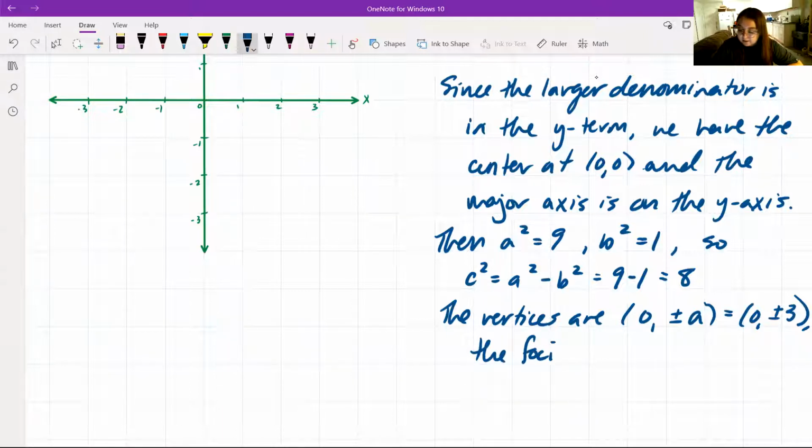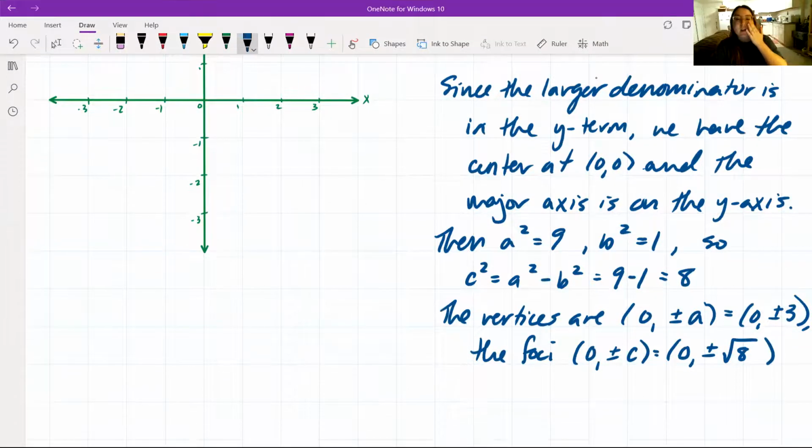The foci are going to be 0, comma, plus or minus c. That would give us 0, plus or minus, and we have the square root of 8 in this case. The square root of 8 can be separated into the square root of 4 times 2, and the square root of 4 is 2, so this actually just becomes 2 times the square root of 2.